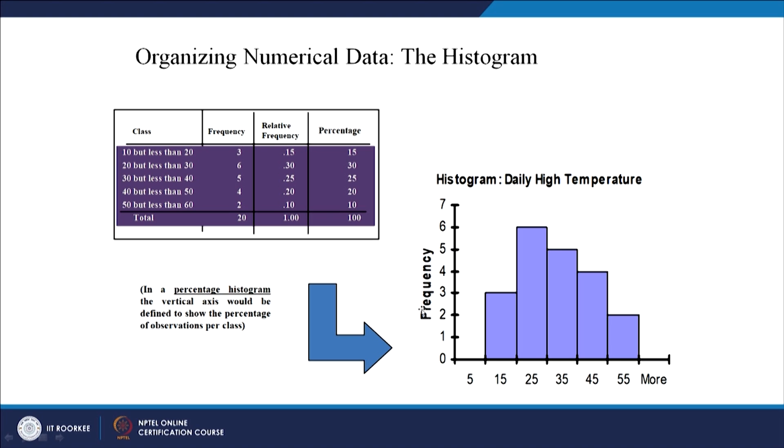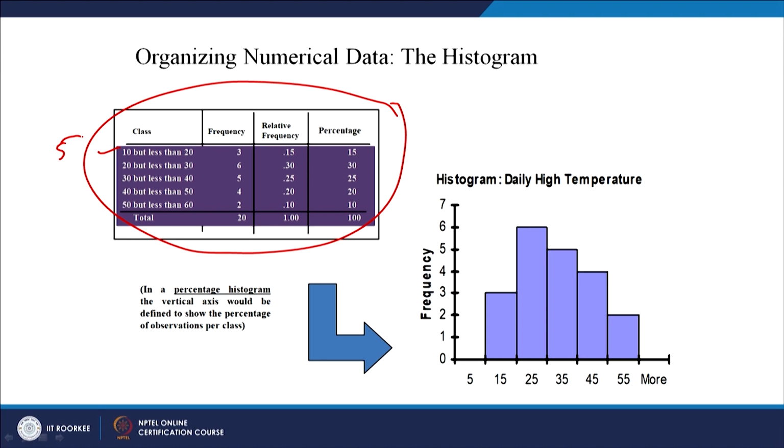Let us look at how to draw a histogram. So, we have this table already available. Now, the midpoints are 5, 15, 25, 35, 45 and 55. All these are midpoints, and the first frequency is 3, right.